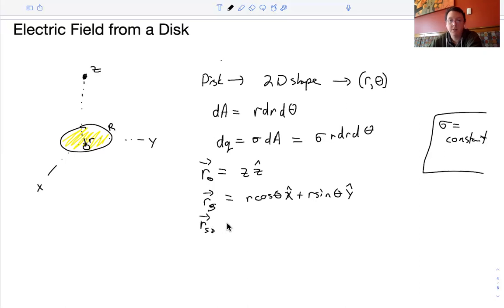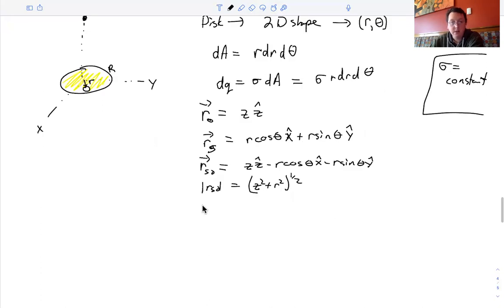So r_so, again, looks very similar. We really are just switching capital R for lowercase r. It's final minus initial: z hat minus r cos theta x hat minus r sine theta y hat. And then the magnitude of r_so is a very similar looking formula: z squared plus r squared, to the 1/2.